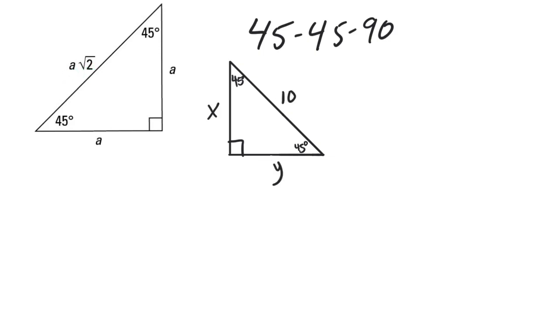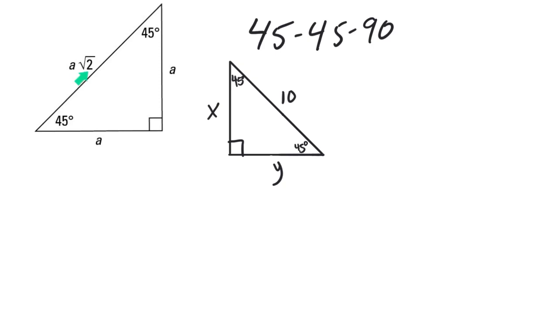Now, for this type of problem, we have the hypotenuse given to us, but we don't have either of the legs. It's a little bit different, but it's really not that bad. Just think about over here, if we were going to go backwards from a times square root of 2 to get to a, then we'd have to cancel the square root of 2 out. That's how you get a by itself.